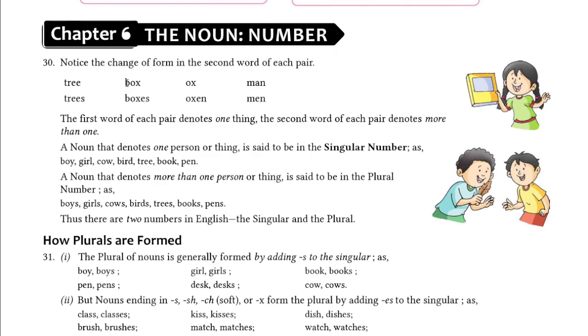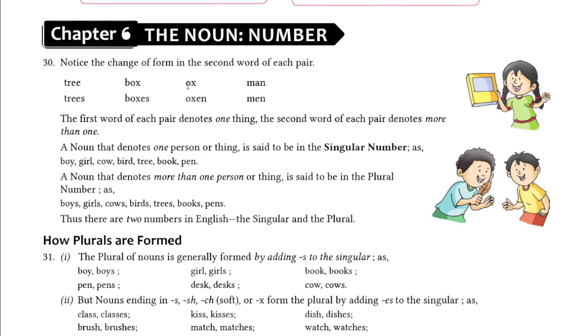Similarly, look at this second pair of nouns. The first noun is box. It denotes one object, so it is in singular number. The second, boxes, denotes more than one thing, so it is a noun in plural number.